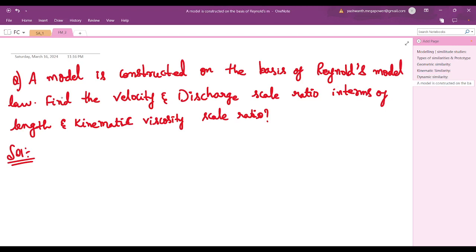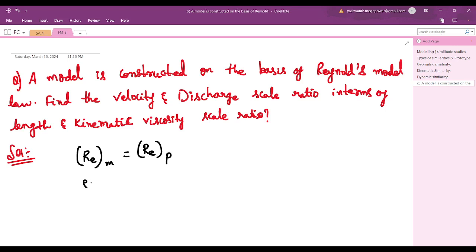Now here, see, the model and prototype are constructed based on Reynolds model law. What is Reynolds model law? Reynolds model law is nothing but the Reynolds number in the model should equal the Reynolds number in the prototype. And what is the Reynolds number as discussed?